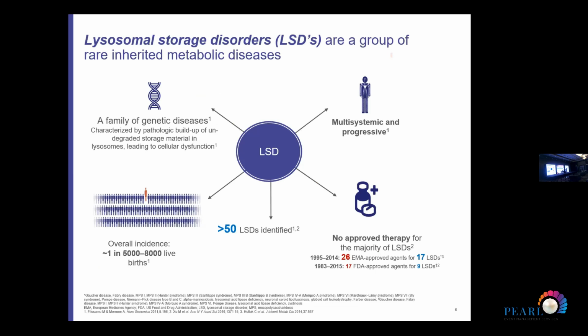These disorders are very progressive, so over time, the patient will deteriorate. The overall incidence is estimated to be 1 in 5 to 8,000 live births, and they are a large group with more than 50 disorders identified. In general, there are no approved therapies for the majority of the lysosomal storage diseases. However, the number of treatable conditions is significantly increasing, especially in the last few years with the advent of new therapies.